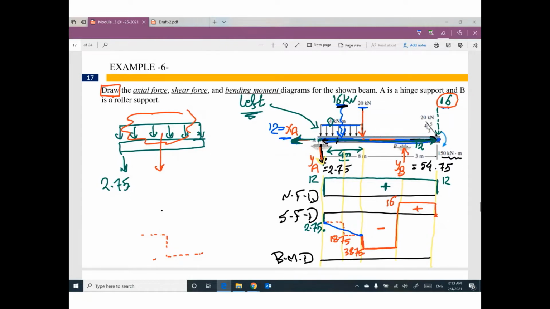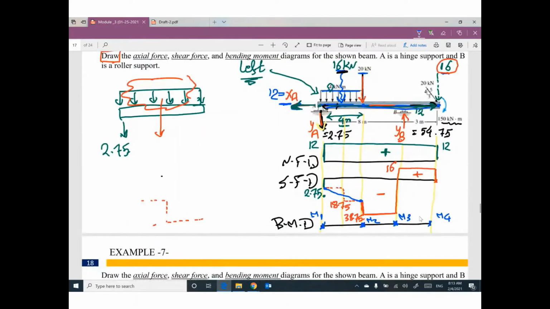For bending moment diagram, I will start from left. We have M1. Then I will stop at this end, and then stop here, and then stop at the end. So I'm looking for M2, I'm looking for M3, I'm looking for M4.